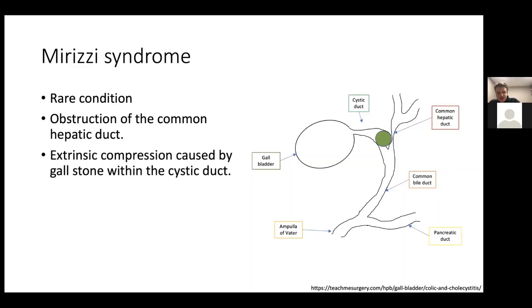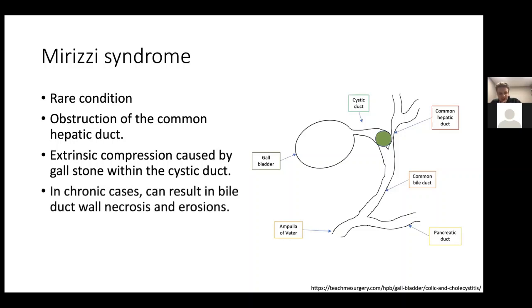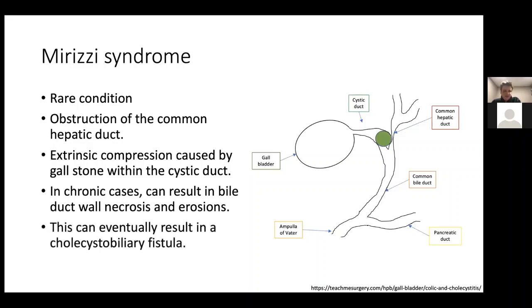So this is extrinsic compression, so not within the hepatic duct itself, it's external to it in the cystic duct. If it's been there a while, it can cause necrosis and erosions and buildup of swelling and fluid around the cystic duct, putting pressure on the common hepatic duct. And eventually it can result in a fistula. So it's quite a serious syndrome.